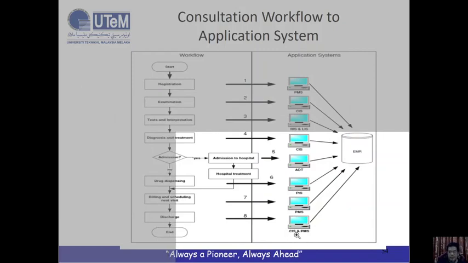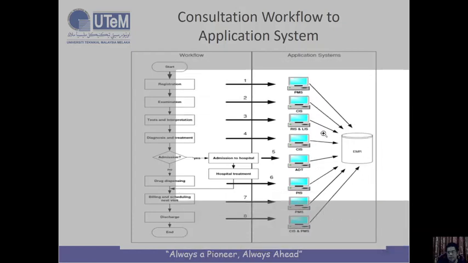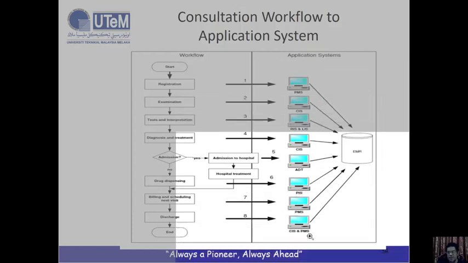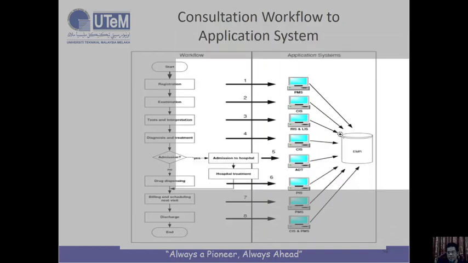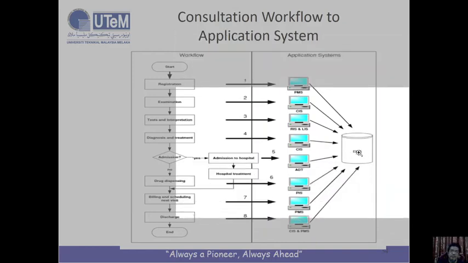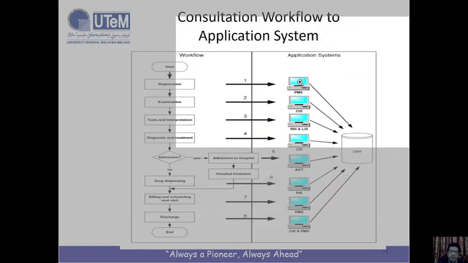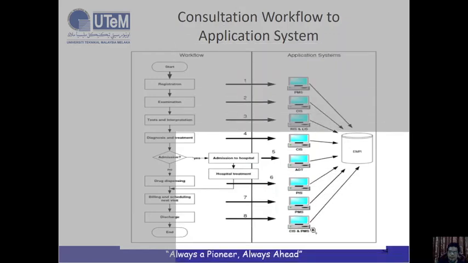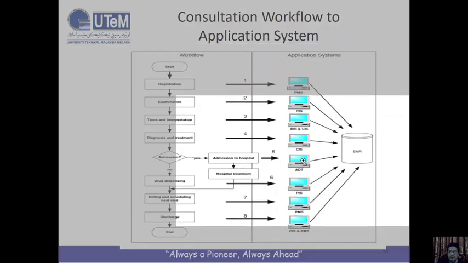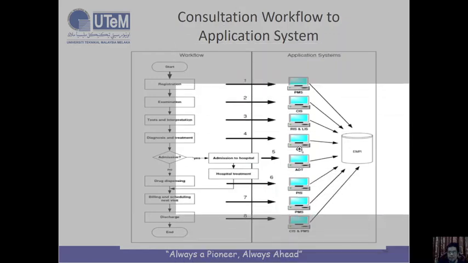So when we put two systems together, of course these modules need to be integrated. So the final destination of all these applications is to generate the electronic medical record. Yeah, you can see that for all these healthcare information system applications, the main purpose is to generate the electronic medical record of the patient.